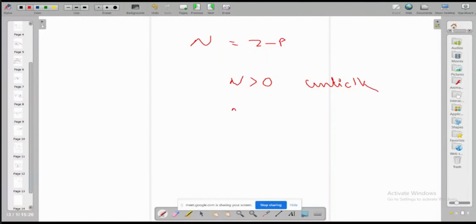If N is less than 0, it will encircle the origin in clockwise direction. If N is equal to 0, there won't be any mapping.